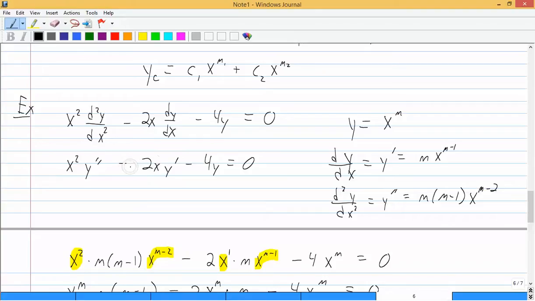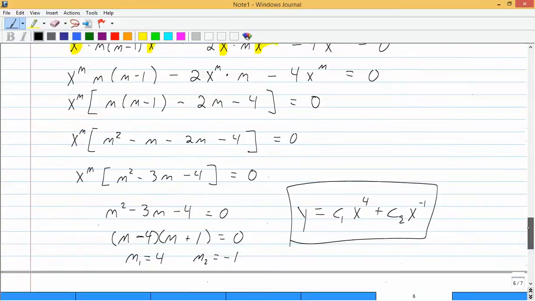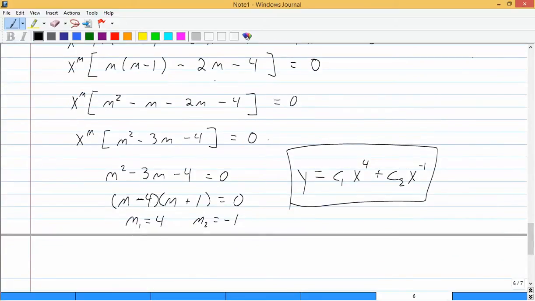So I would want it to be like minus 2y prime, then I'd have minus 2m. Well, when we have x times our differential equations, we're able to work it out using x to the m in a way so that when we factor that x to the m out, we're going to get an auxiliary equation.